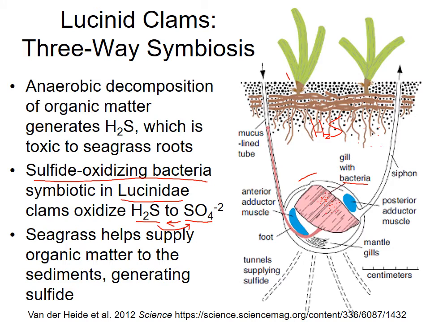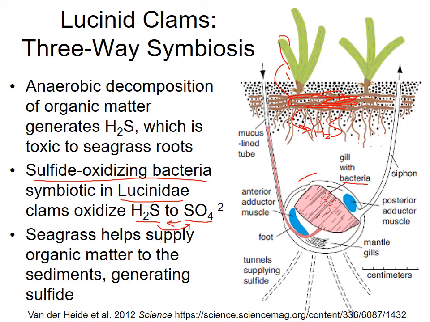But the seagrass also benefits because as the clams and bacteria are reducing the hydrogen sulfide concentration in the water, the sediments are less toxic and the seagrass can grow better. And then the seagrass makes its contribution: when the seagrass blades die, they settle down into the sediment and decompose. And so all those decomposing seagrass blades generate a lot of hydrogen sulfide, which then is food for the bacteria, and it's a whole cycle.